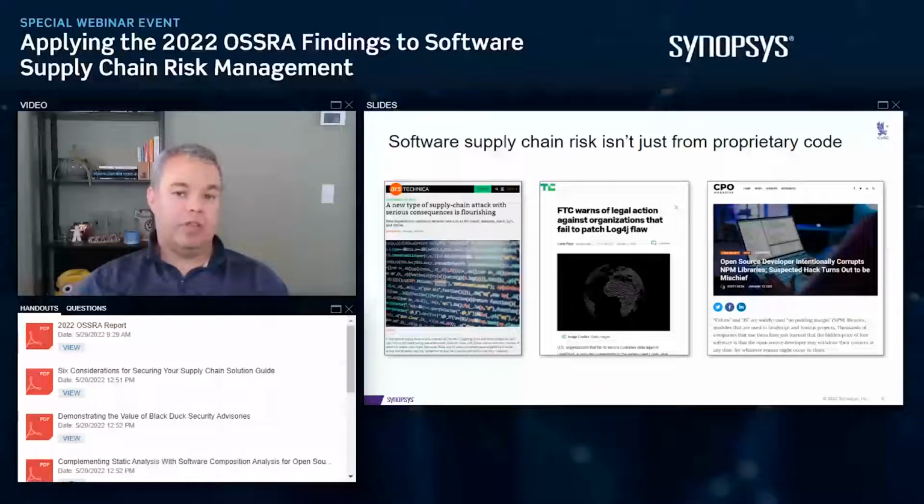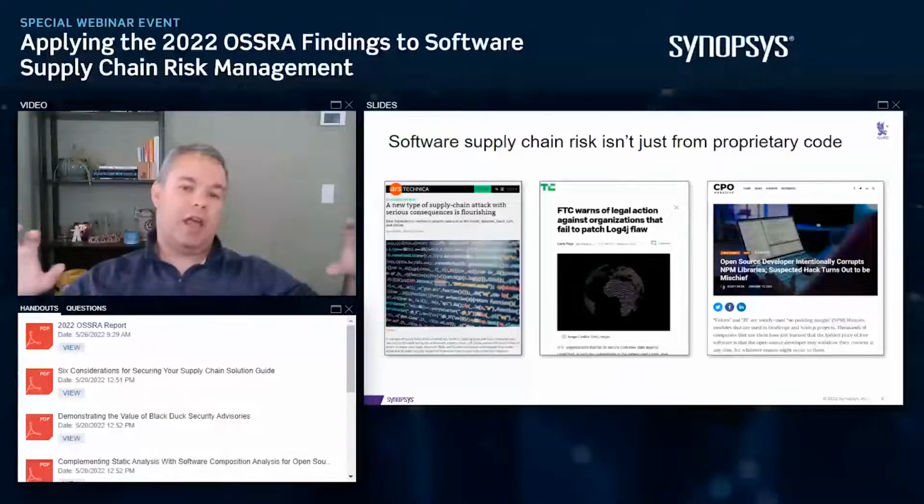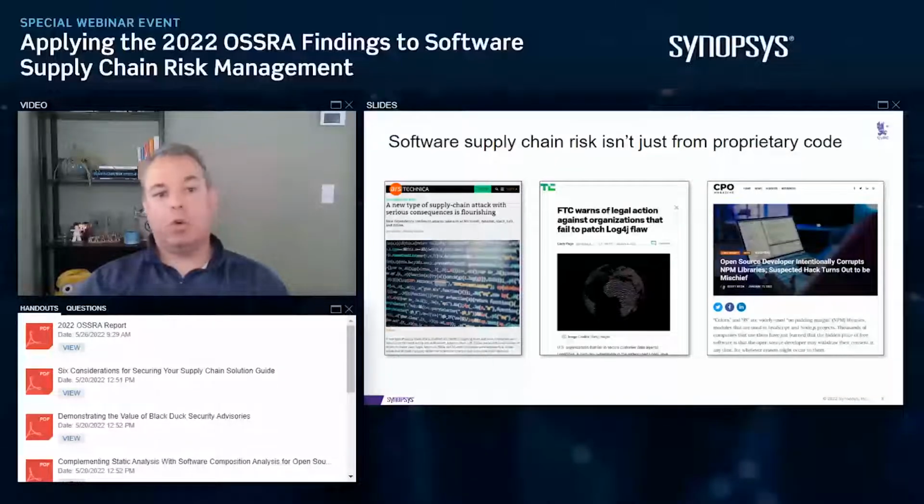Now, one of the interesting things is that the first two scenarios are not something that rises to the level of risk that the FTC or the ICO or any other regulatory body is going to really issue statements around. With log4j and log4shell, the FTC basically said, look, if your organization has not solved this problem and has not put in place practices to ensure that you don't fall victim to this, then you are not in compliance with a whole.